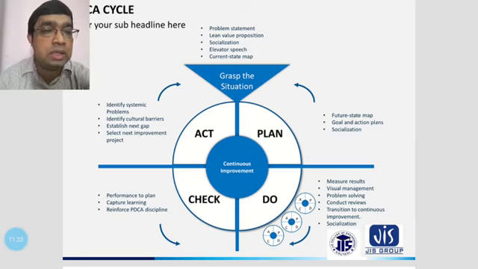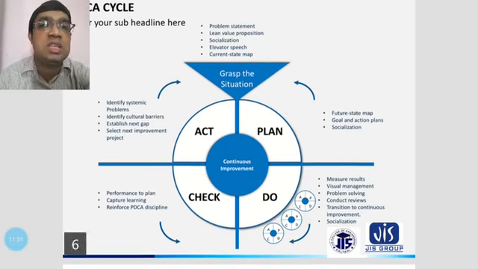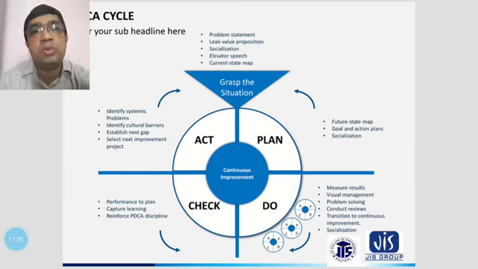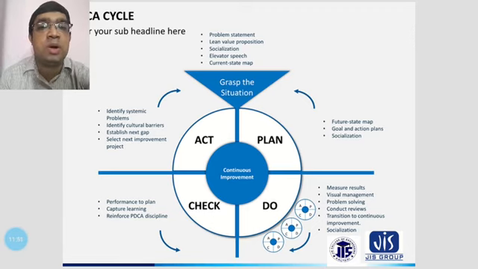And another thing, transitions to continuous improvement, which is much more essential. If your improvement procedures are stopped, then your product will not survive for a long time in our environment. So you have to always consider continuous improvement, and these transitions are much more essential.